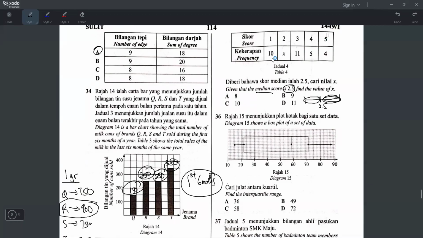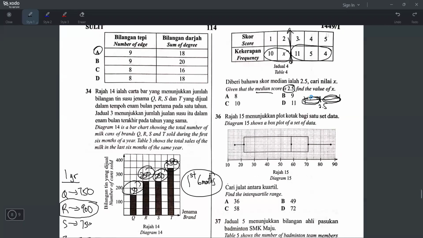So they say the median is 2.5. It means that 2 and 3, the median is here, right? So the first half frequency and the second half frequency mesti sama. Faham kan? Because if you want the median to be 2.5, the frequency here and the frequency here must be same.